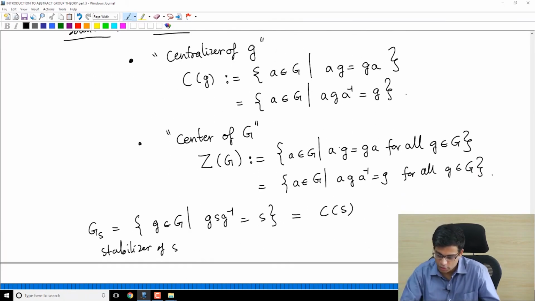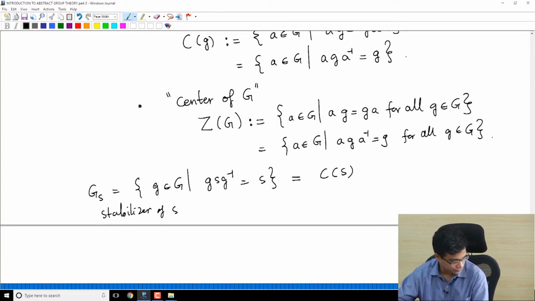If you just stare at the two things, it is all elements such that when you take the conjugate of this particular element, you get that element back. I am confusing the letters here. Here I am using a and g, here I am using s and g. But hopefully it's clear that the stabilizer of an element s is all g such that the conjugate of s by g is equal to s, which is the centralizer of s. So this is the first part of the problem.